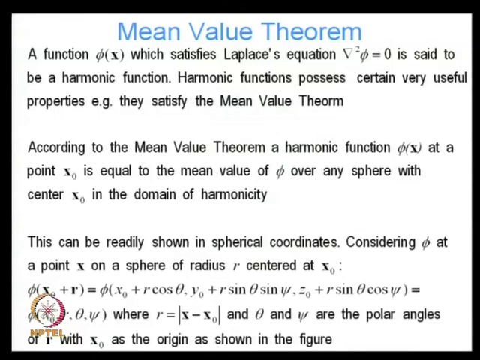Now, a function phi of x which satisfies Laplace's equation is said to be a harmonic function, and harmonic functions are very useful because they possess certain very characteristic and important properties. One of those properties is that they satisfy what is known as the mean value theorem.